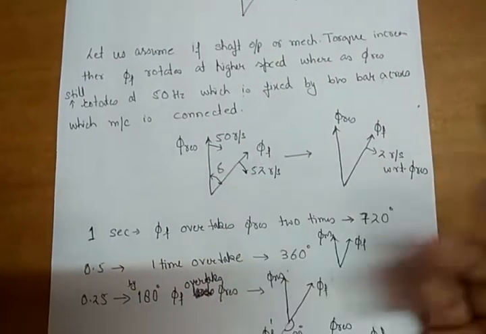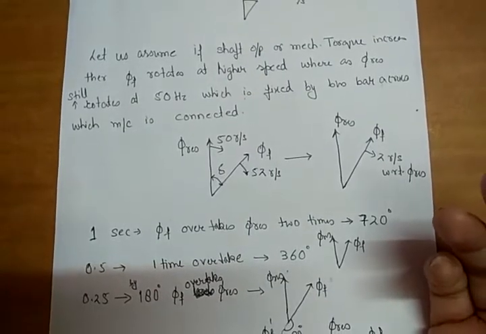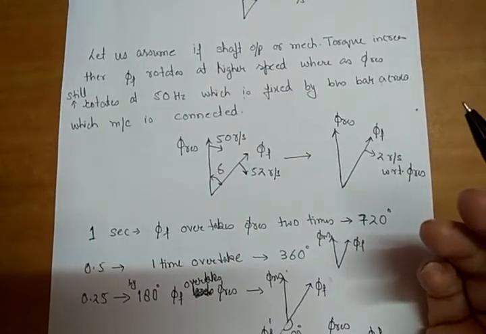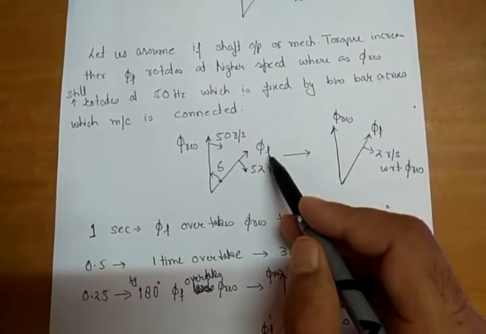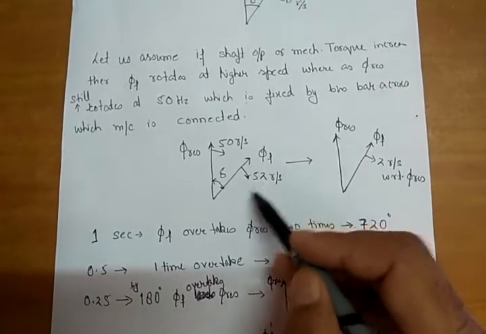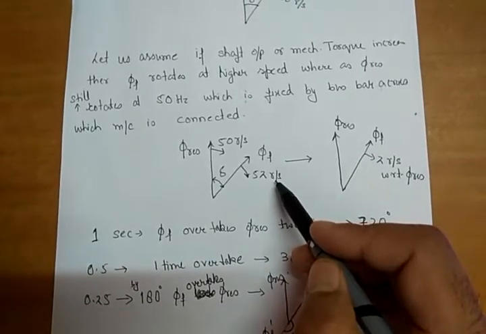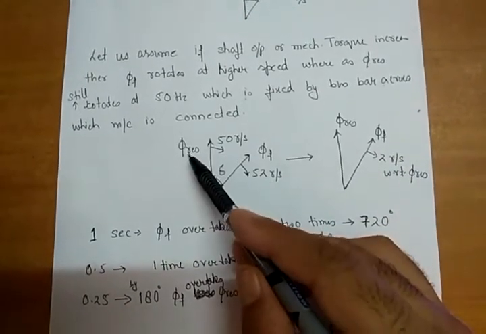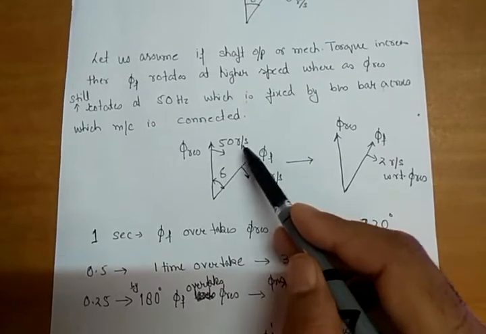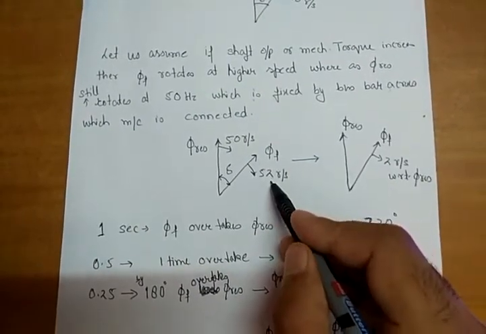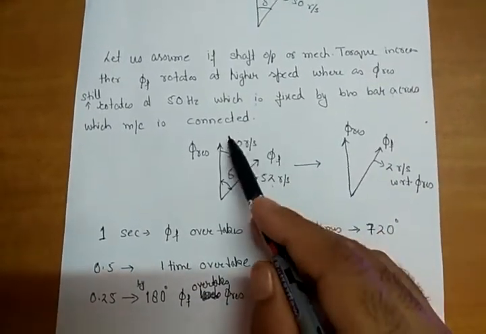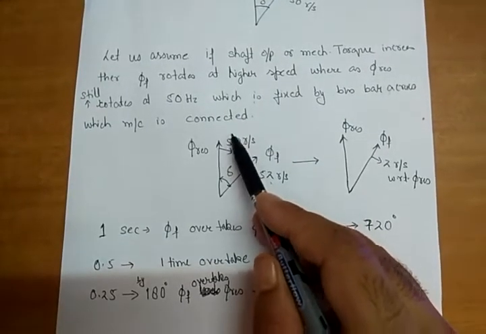Suddenly the turbine output or shaft output increases, so the rotor will run at a higher speed. Suppose it is running at 52 rotations per second, whereas the resultant flux is still at 50 rotations per second. That means the frequency of the rotor is 52 hertz and the frequency of the resultant flux is 50 hertz.